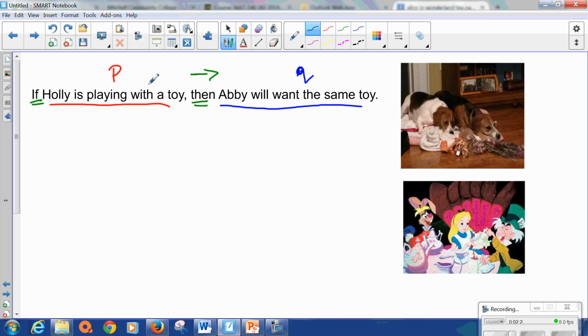If I were to take this original conditional and flip the order so that Q becomes my first and P becomes my second, not that P becomes Q and Q becomes P, that's important to remember. You're not changing the variables, you're changing the order in which the variables show up. When you do that, that's called the converse.